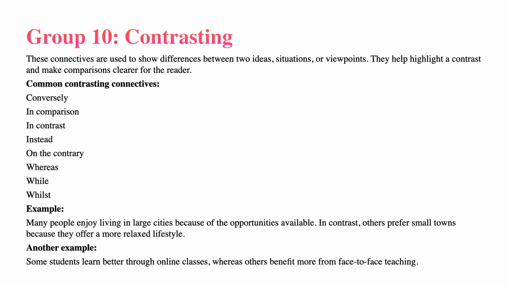Next is contrasting connectives. These connectives are used to show differences between two ideas, situations, or viewpoints. They help us compare things by highlighting how they are different rather than how they are similar. In IELTS writing, contrasting connectives are very useful when discussing opposing opinions, comparing advantages and disadvantages, or presenting two sides of an argument.